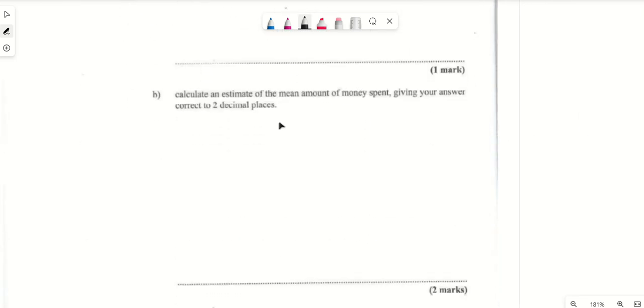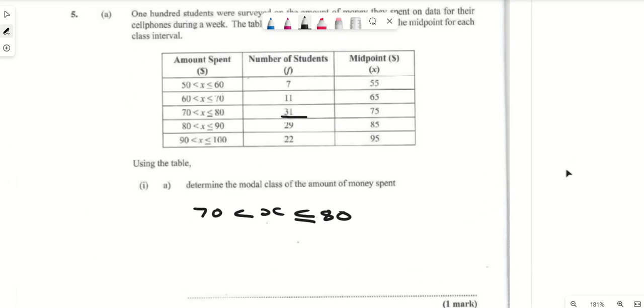Then they said calculate an estimate of the mean amount of money spent for your answer, giving correct to 2 decimal places. So we know that when they ask you for mean, it is also known as average, and the formula for that is the summation of f of x divided by the summation of f, right? And if we look at this table, they do give us the f, right?